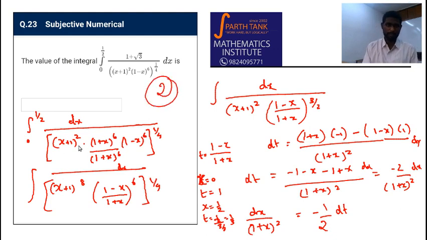Very nice problem. See, there is also the other way of doing this. What is the other way? You take only 1 minus x and multiply it here. You can make it x squared minus 1, the whole square, and then you can get 1 minus x the whole power 6. This is another technique I mean.